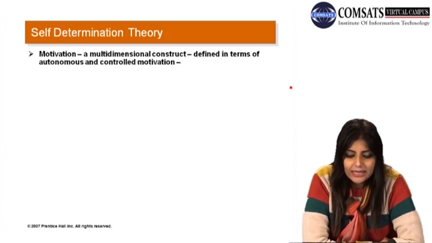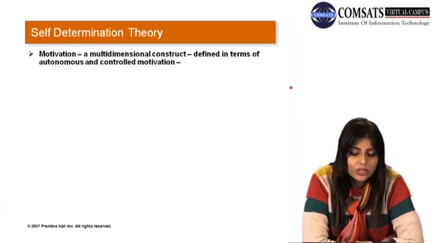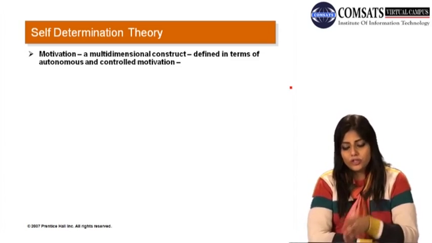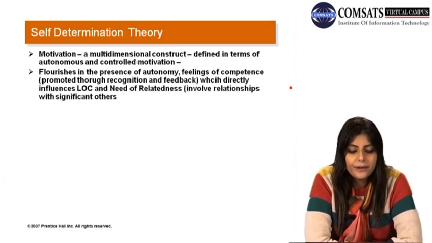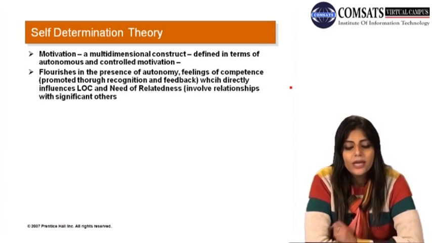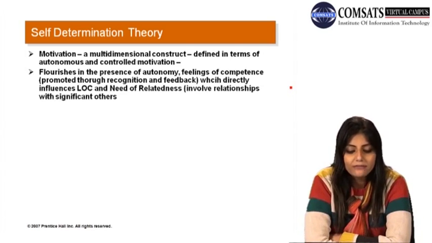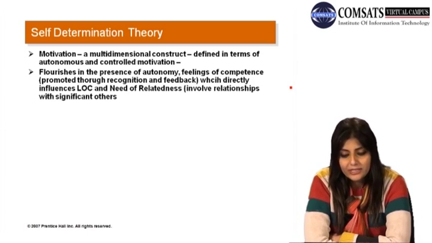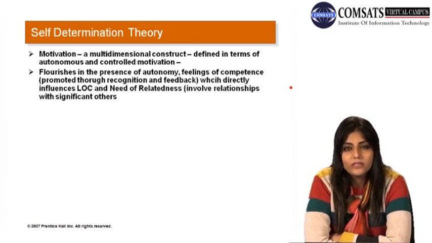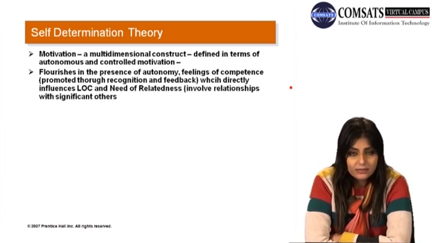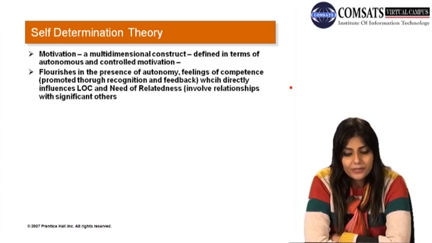It says basically that the motivation is, one is the autonomous motivation and the other one is the controlled motivation. And the theory basically says that the motivation of the employees flourishes in the presence of the autonomy that you give to the employees, the feelings of competence that they have, and the need of relatedness, that is, how much they are involved in the relationships with the significant others in the organization, such as the management.